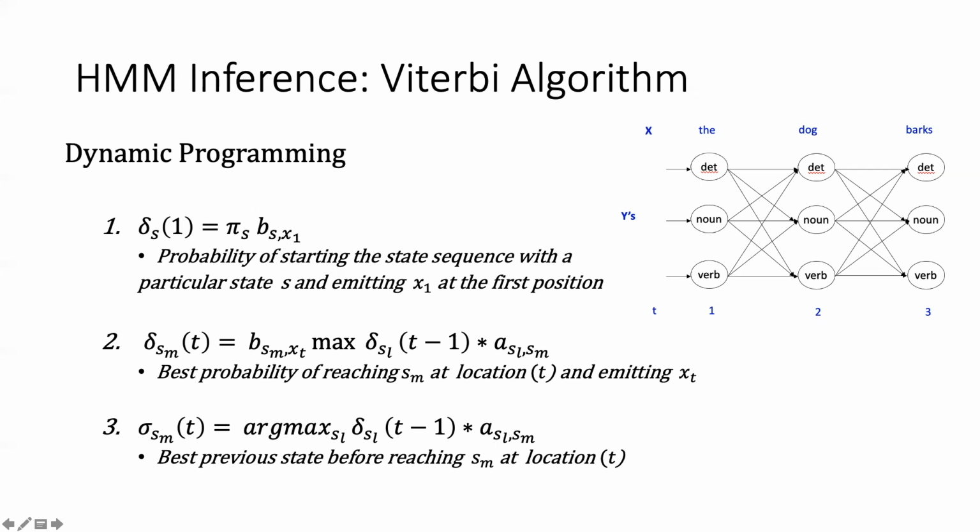So this is how the deltas are computed in the first instance, and in the subsequent instances, we can make use of a recursive solution to compute this. This is possible because of the Markovian assumption we made, where the current state is dependent only on the previous state and independent of all the other previous states.